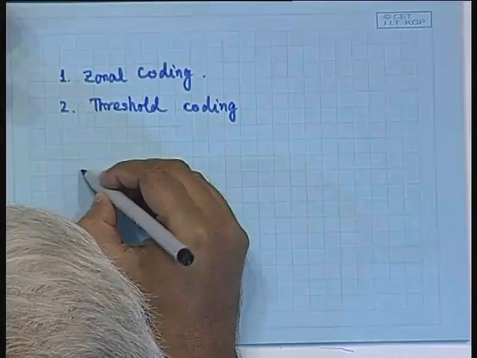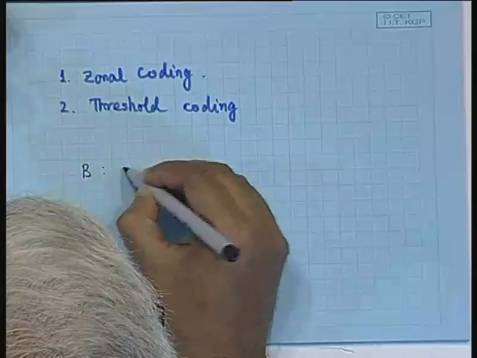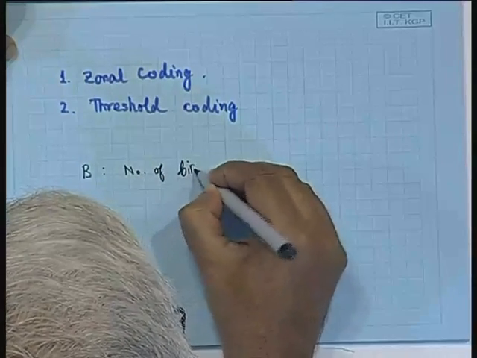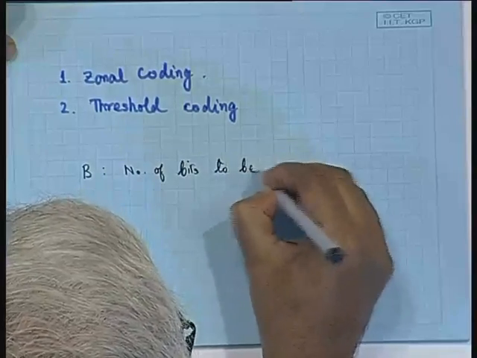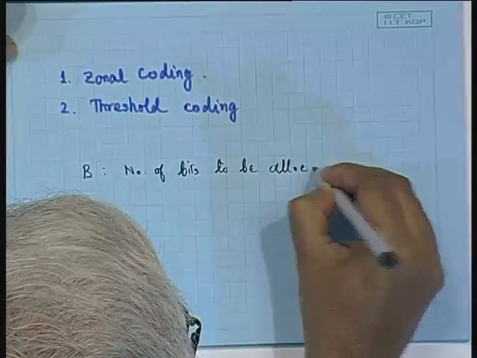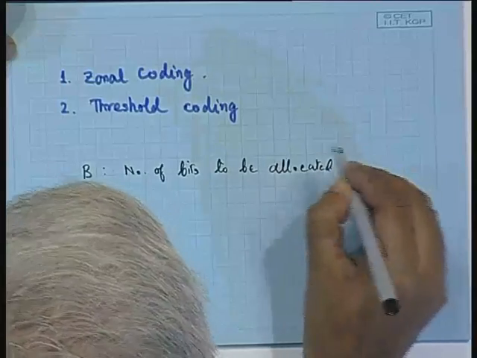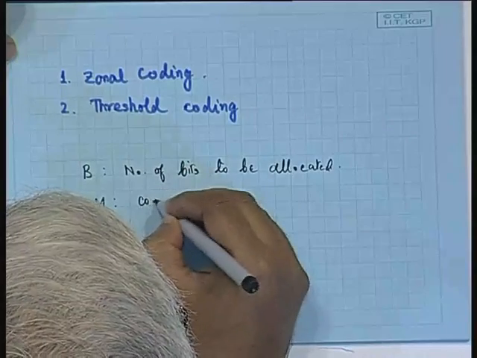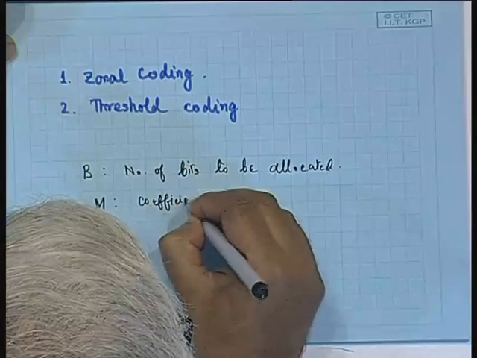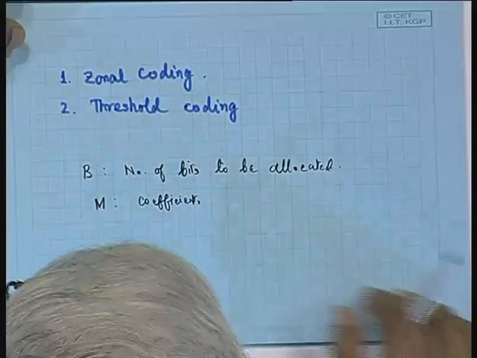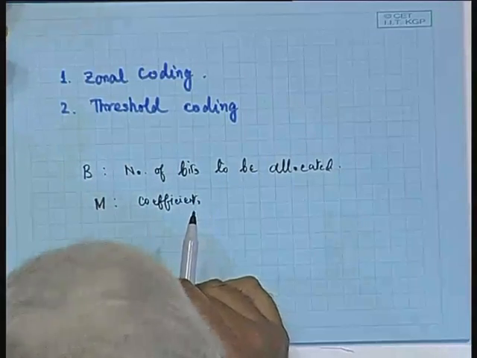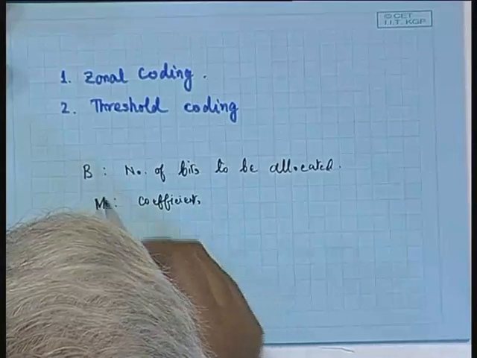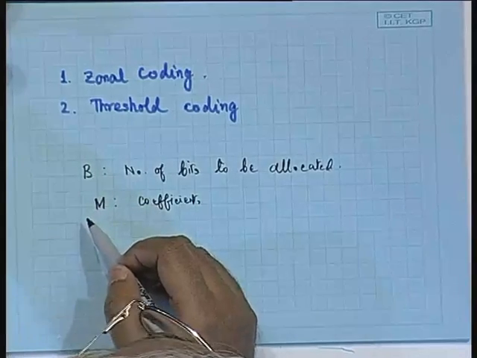Typically, if capital B is the total number of bits to be allocated, and if we have a total of m transform coefficients to which we are allocating the bits, then B by m becomes the average.